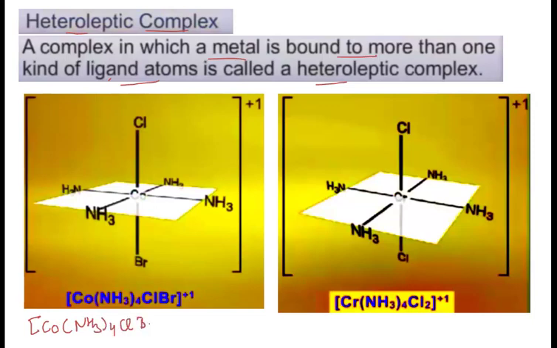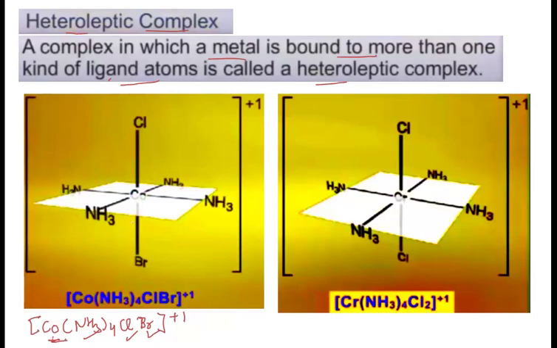Cl and then Br are also given. It carries +1 charge. Now the ligands are bromide, chloride, and ammonia. There are 3 different ligands. So such a complex will be called a heteroleptic complex.